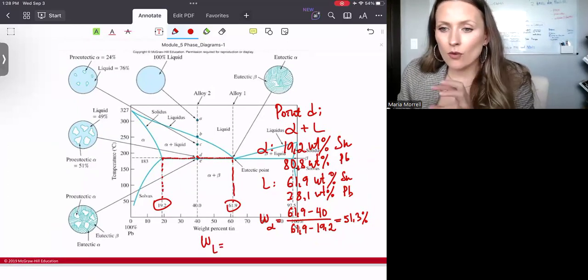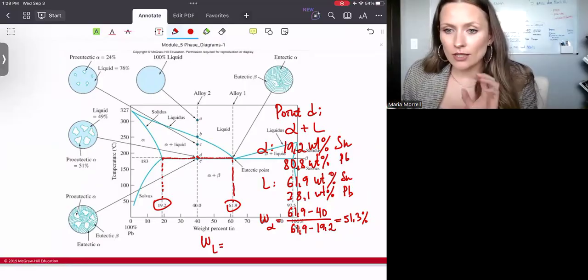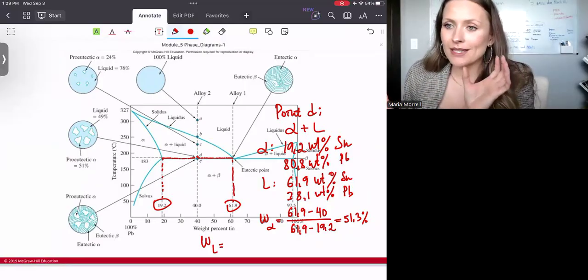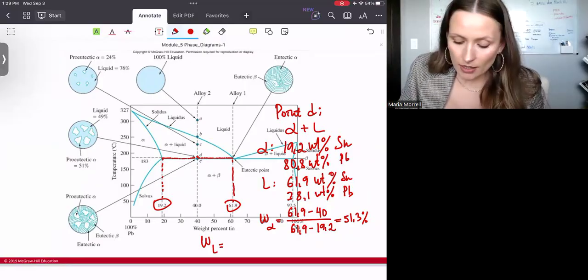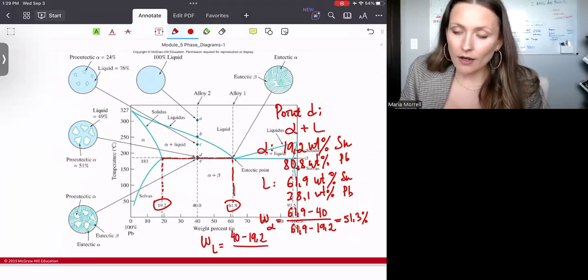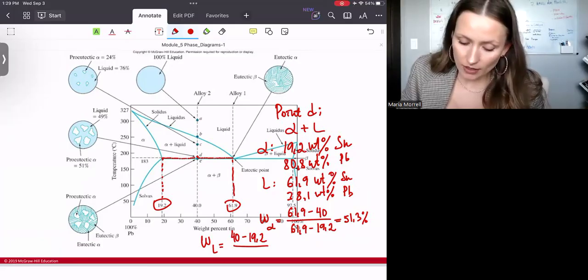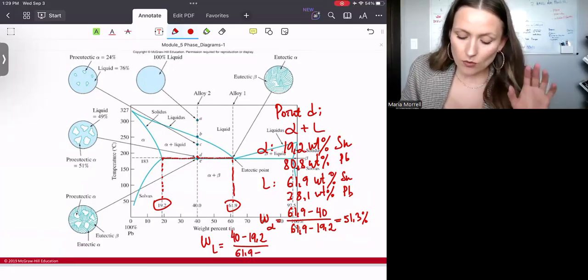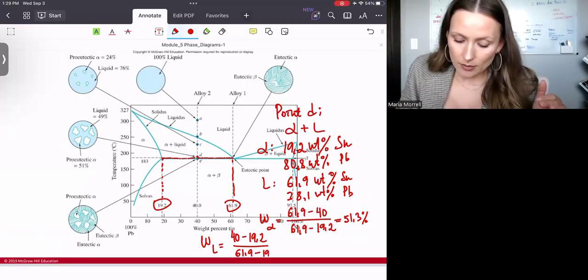Now, let's repeat the same for the liquid. Keep in mind is that for the liquid, now my liquid is to the right, so I'm going to be using the opposite end of my tie line, and that would give me 40 minus 19.2 divided by the entire length of the tie line, meaning I will have 61.9 minus 19.2, right?